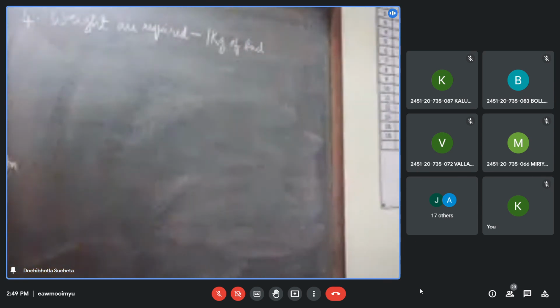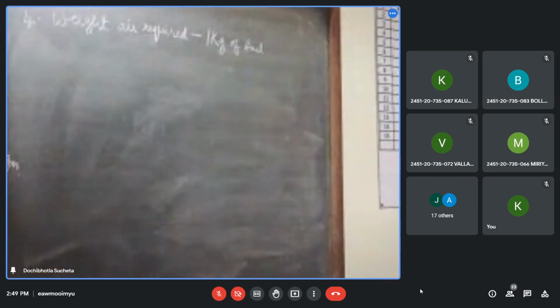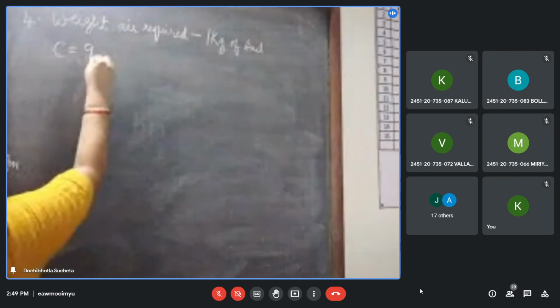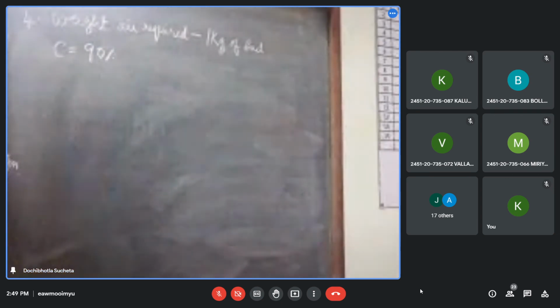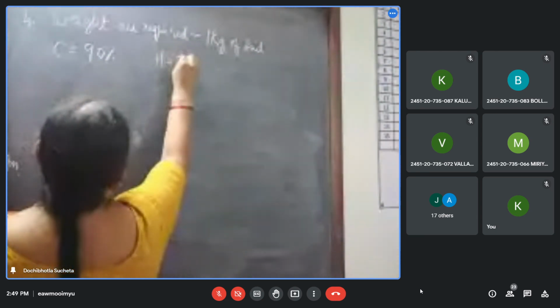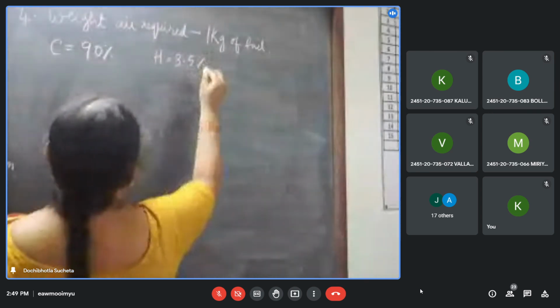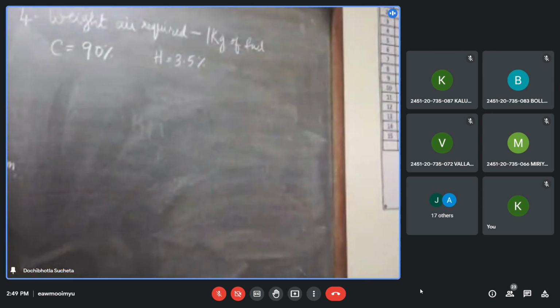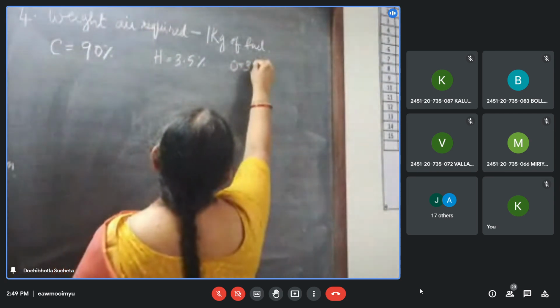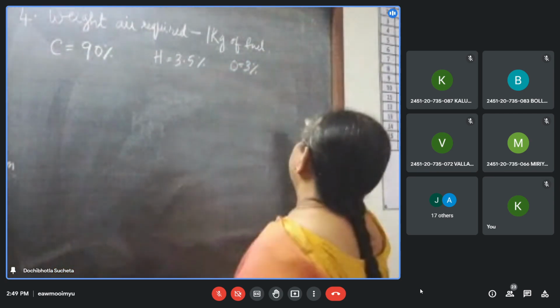1 kg of fuel containing carbon 90%, hydrogen 3.5%, oxygen 3%, and the rest is ash.